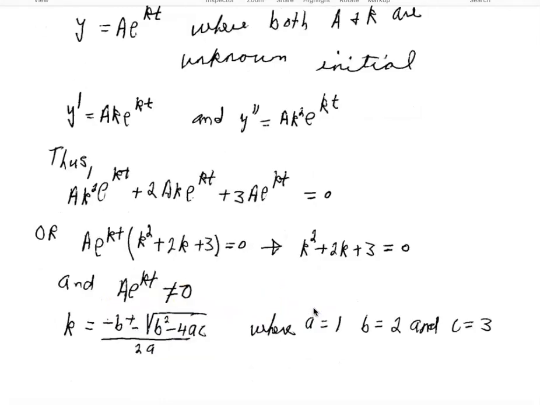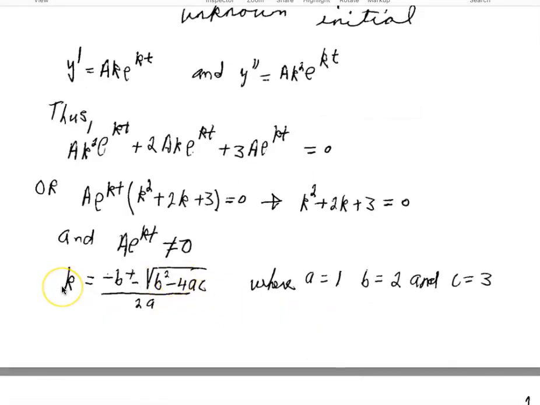And when you do, you get the specific values for k. So k now is no longer an unknown. You see, this is a quadratic equation. You've seen that many times. The coefficients are a is 1, b is 2, and c is 3.